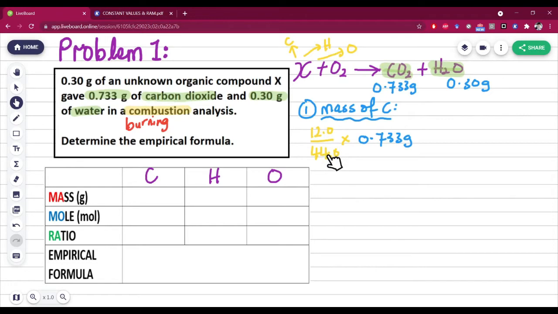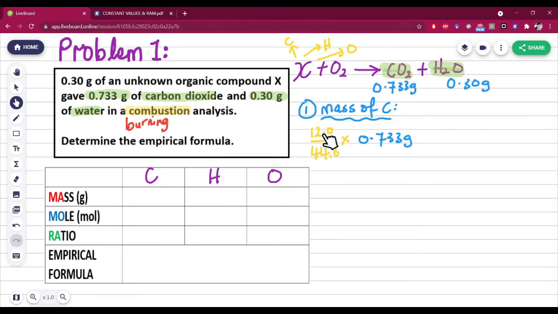But for now, remember: if I want to find the mass of carbon, I need to find it from the mass of carbon dioxide. You take the mass of carbon dioxide because you want to find carbon, and you can see there is a carbon in it. That's why we can get the mass of carbon from the mass of carbon dioxide.